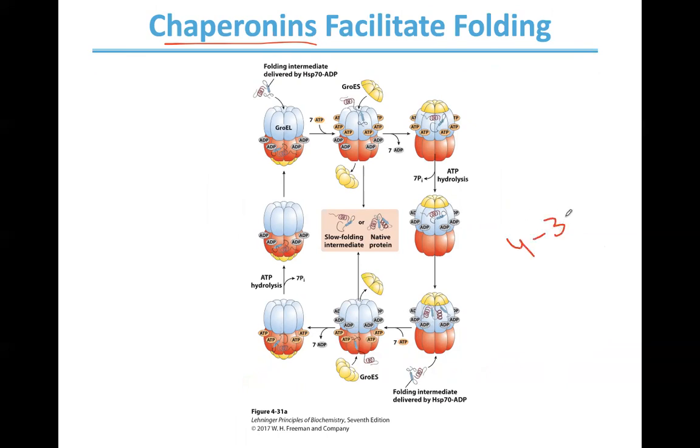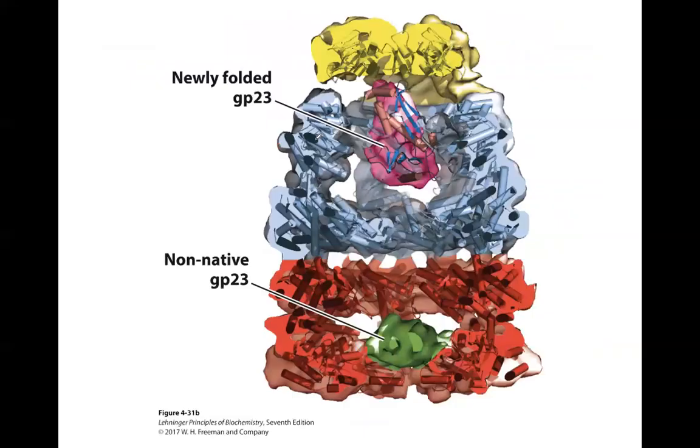Right, so it's almost like a jar, right? So your protein goes inside, and there's a cap. Then you cook it inside, the cap comes off, and the protein comes back out. So very interesting family of proteins that perform this kind of folding.